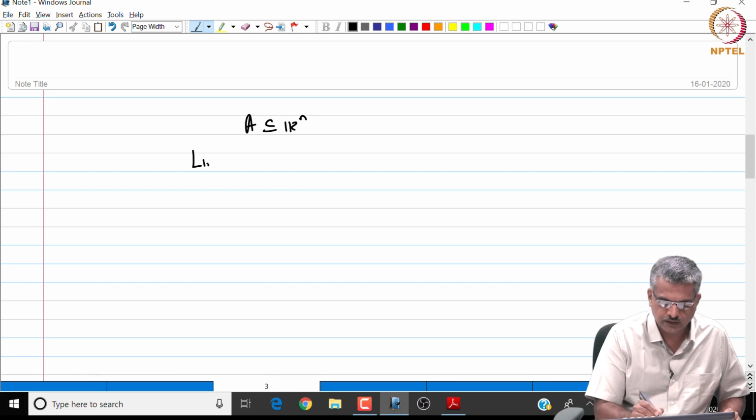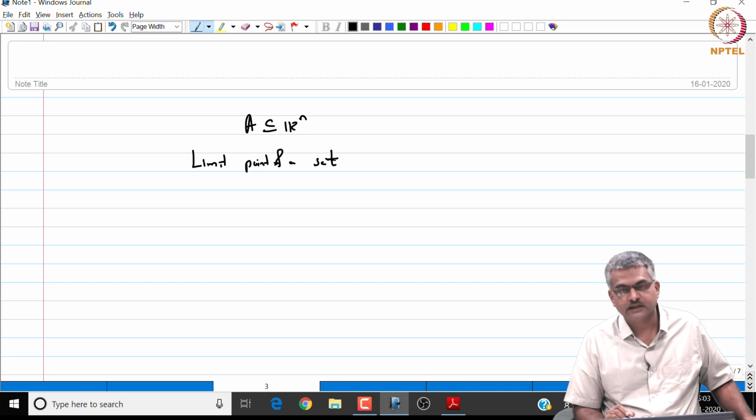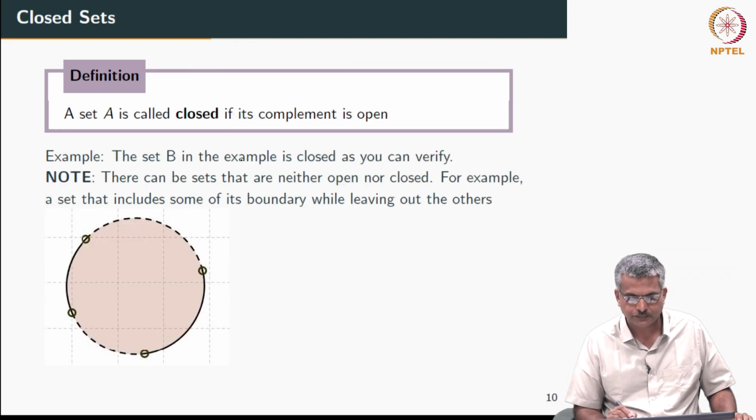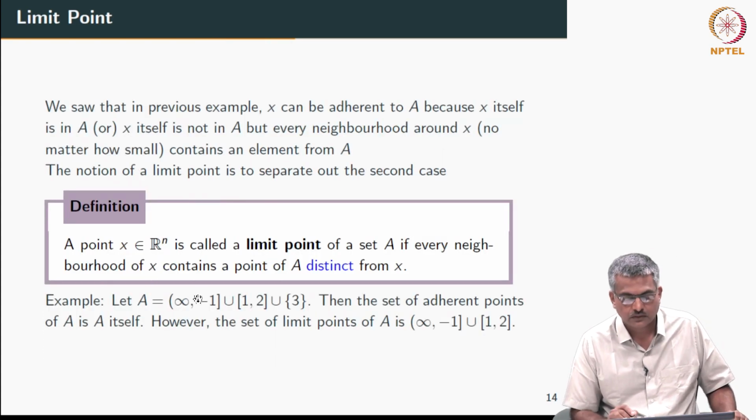We want to define the notion of limit point of a set. It is another way of characterizing a closed set. A point x in Rn is said to be a limit point of a set A if every neighborhood of x contains a point of A distinct from x.